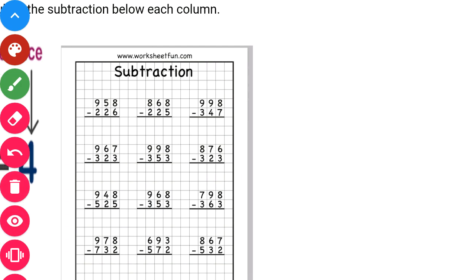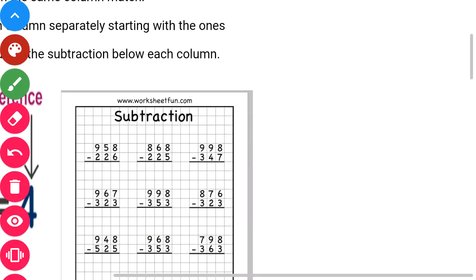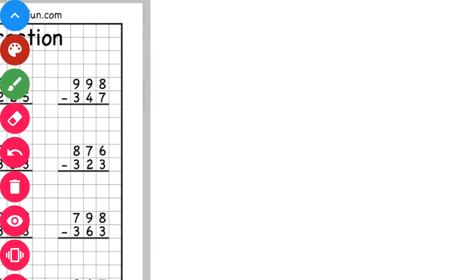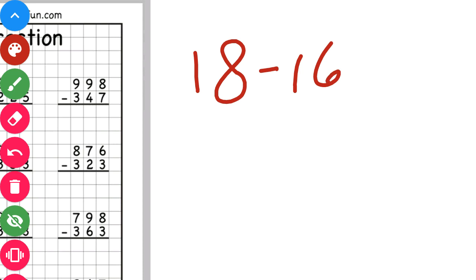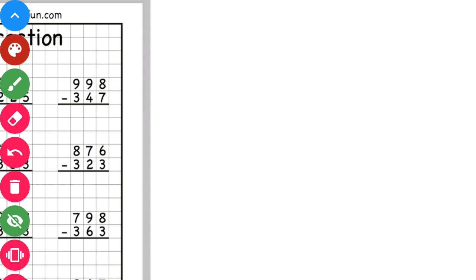So, in that way, suppose 7 minus 5. When you take away 5 from 7, what will you get?